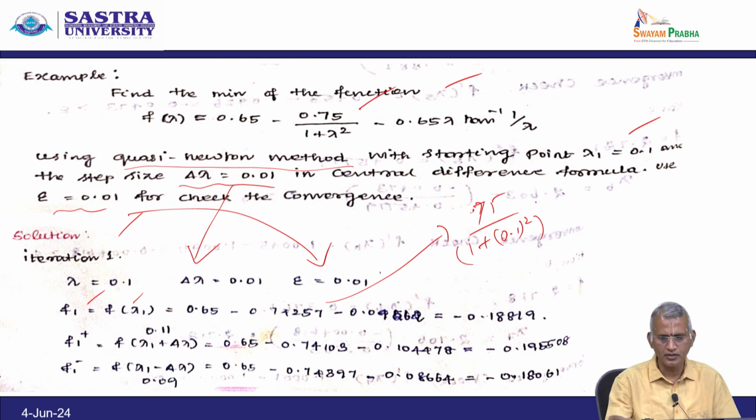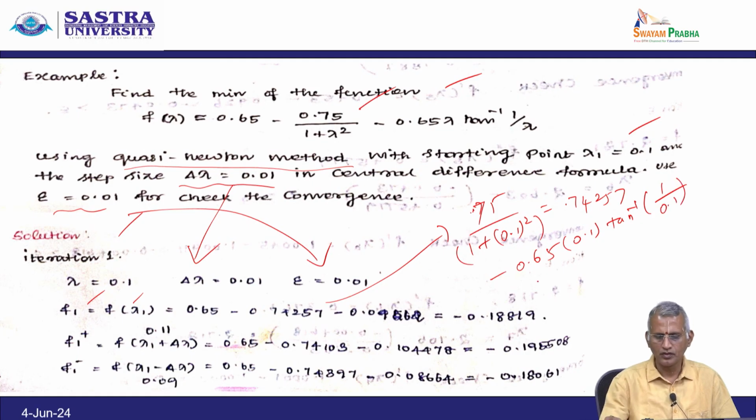So, it becomes 0.74257, minus 0.65 into 0.1 into tan inverse of 1 by 0.1.